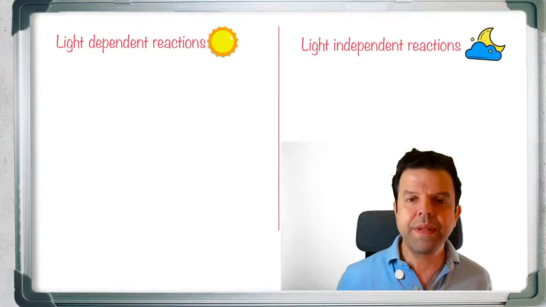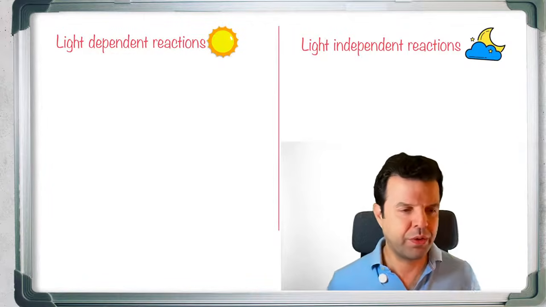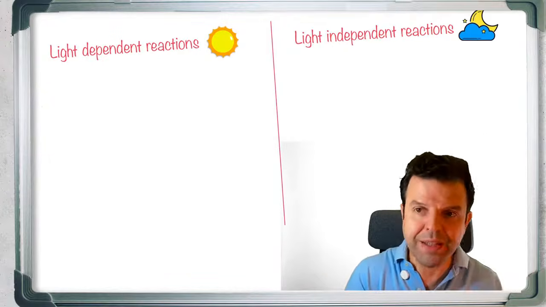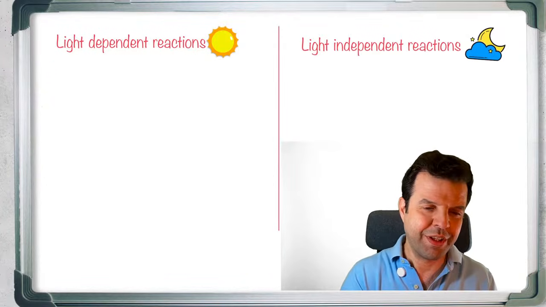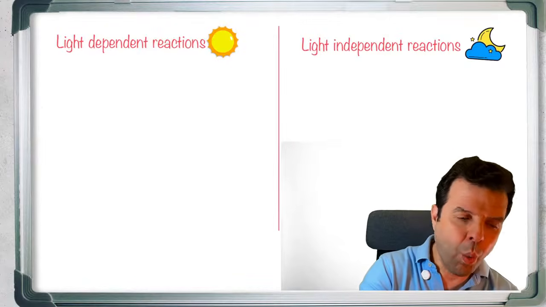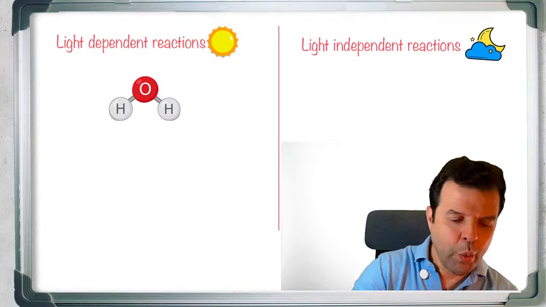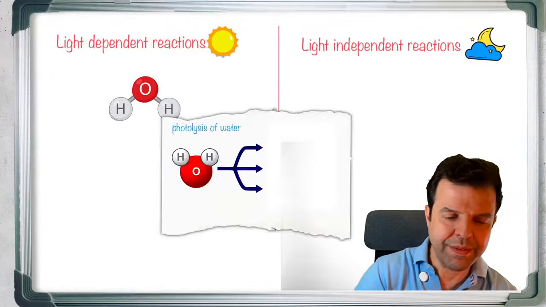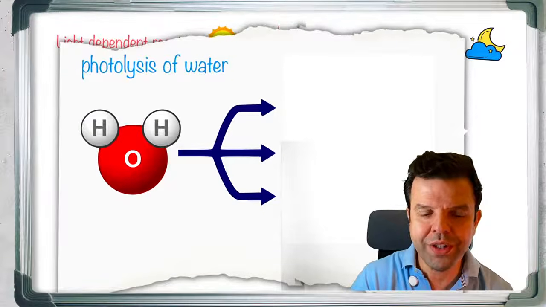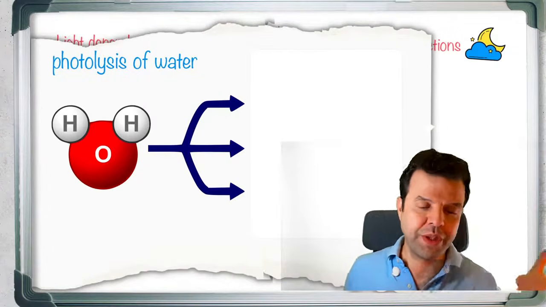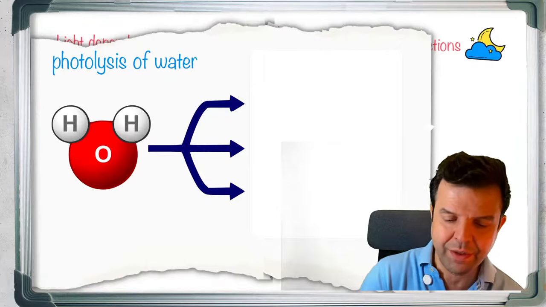I'll repeat this here. So, step one, light-dependent reactions. What's going to happen in step one? We are going to take water and split that water into its constituents, hydrogen and oxygen.